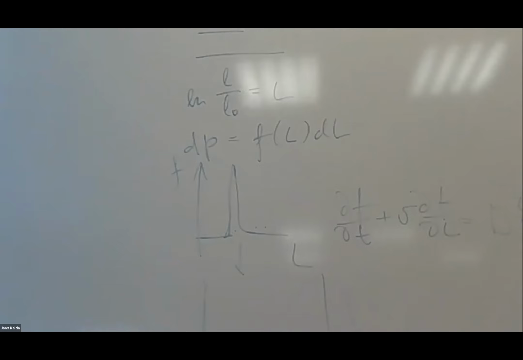One more time, why can't this equation be exact? The reason is that it becomes exact when the step length of your random walk is much smaller than the characteristic scale of the profile of this PDF.